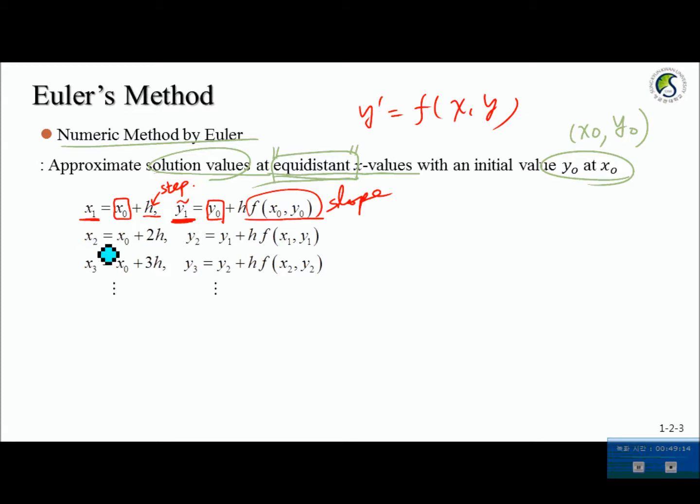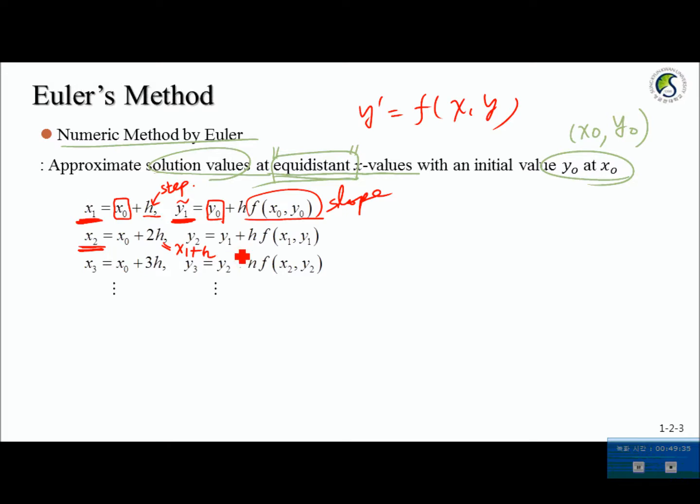And the next step, we have x naught plus 2h. This actually means x1 plus h. So x1 is the previously calculated value, right? And we are adding the step value here to get the second x value.